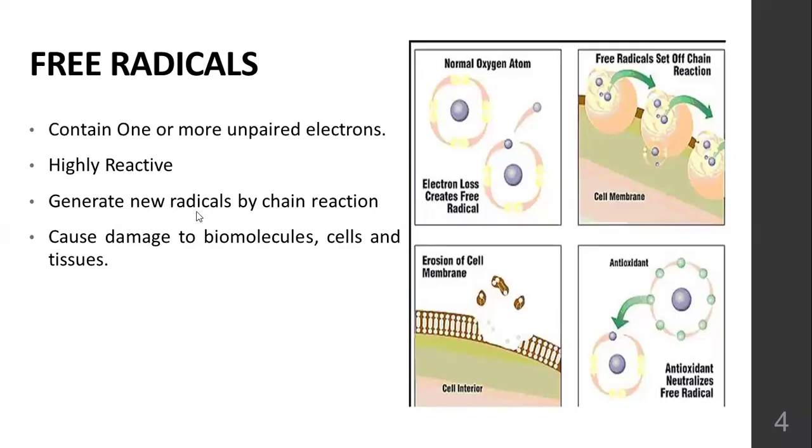And it will generate new free radicals by chain reaction. More and more free radicals will be created through chain reactions. They can cause damage to biomolecules, cells, tissues. So now earlier we had only one oxygen atom, but because of the chain reactions, many damages took place.